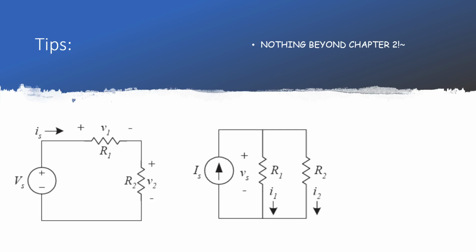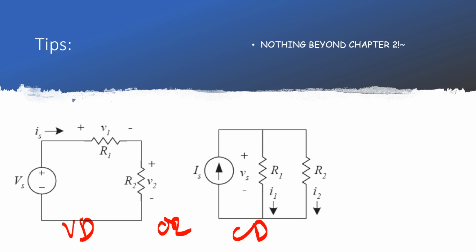So how do you solve a source transformation? I want you to imagine at the back of your head that this is what you want to achieve at the end of your analysis: a voltage divider circuit or a current divider circuit.